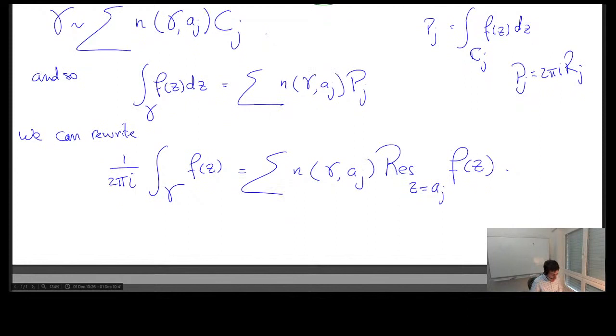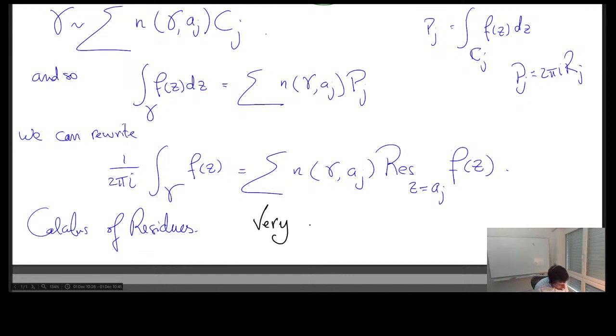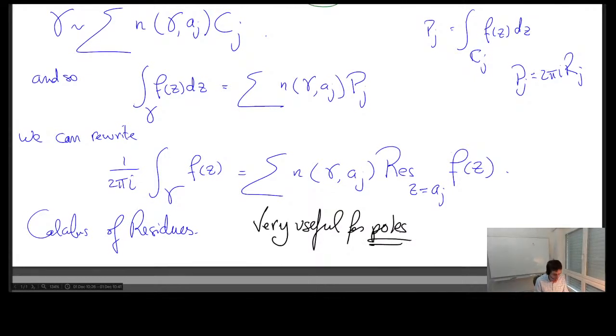And of course, this is basically what we call the calculus of residues. And maybe the point that I should make is that this is very useful, and I'll try to convey this to you by showing you examples, very useful for poles, because it'll actually be very easy to compute these things for poles.